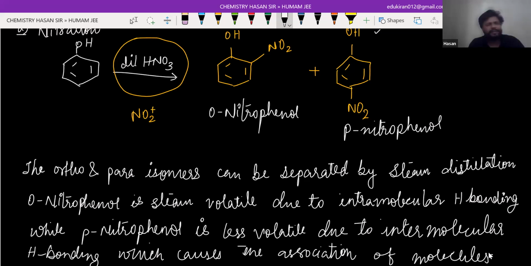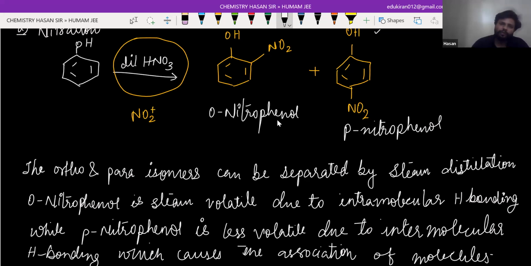See, intra means in the molecule there will be hydrogen bonding, and inter means between two molecules. I'll show you how the intra and intermolecular hydrogen bonding is taking place, and these isomers can be separated with the help of steam distillation easily.